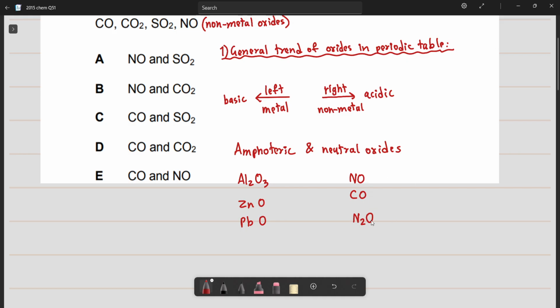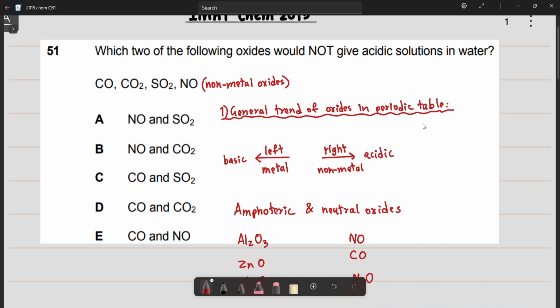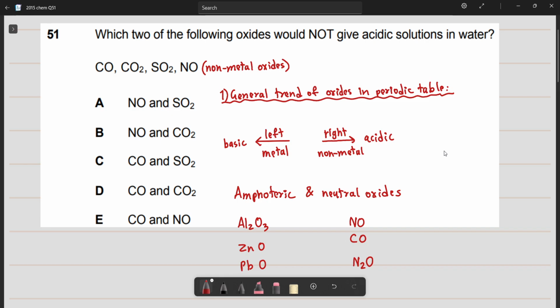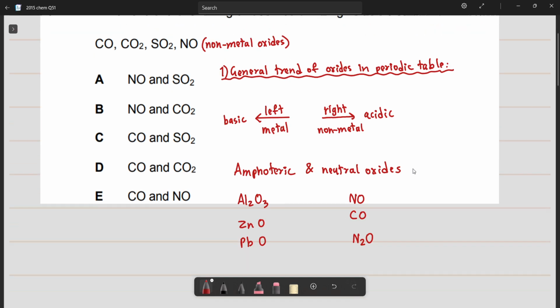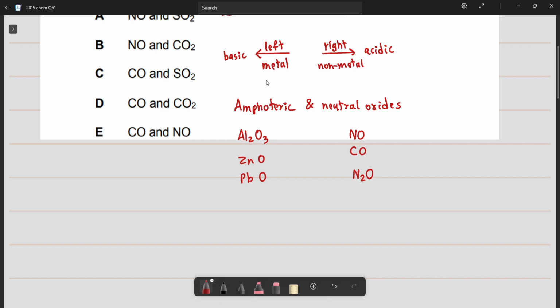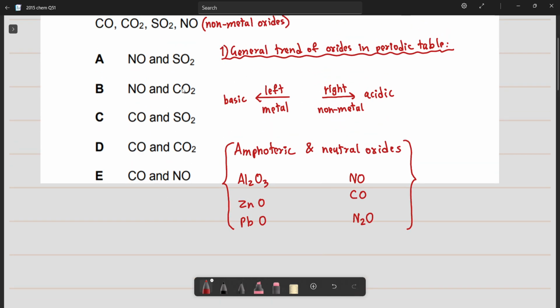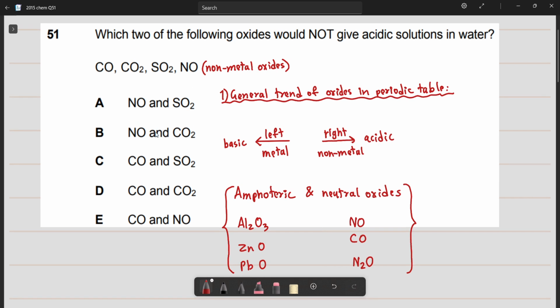So they're neutral, they are unreactive, and they do not react with water to form any kind of solution, neither acidic nor alkaline. These are extremely important and you must memorize them. They're very important for the IMAT exam for such questions relating to oxides.